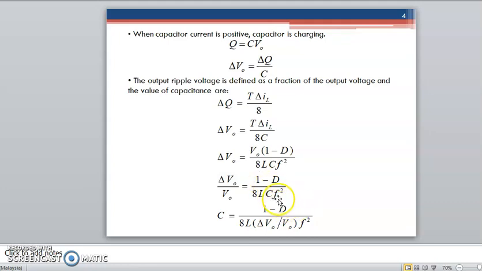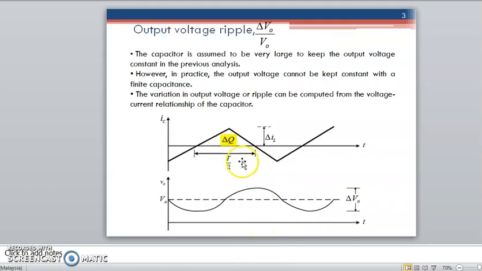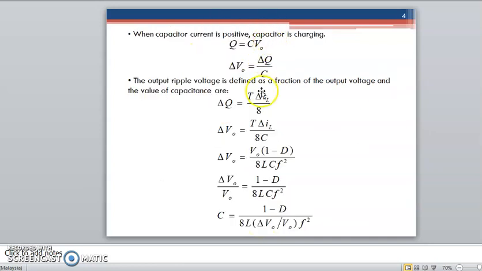This means we are able to calculate the value of C for the level of voltage ripple that we expect. So we can determine how big the capacitor value should be in the circuit. We decide how much duty cycle we want to use in terms of the range.